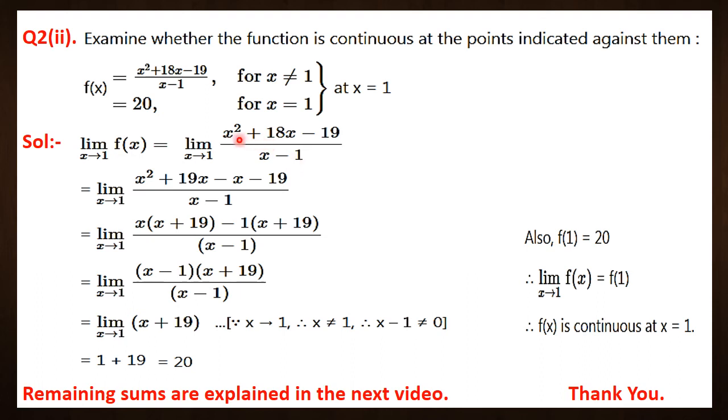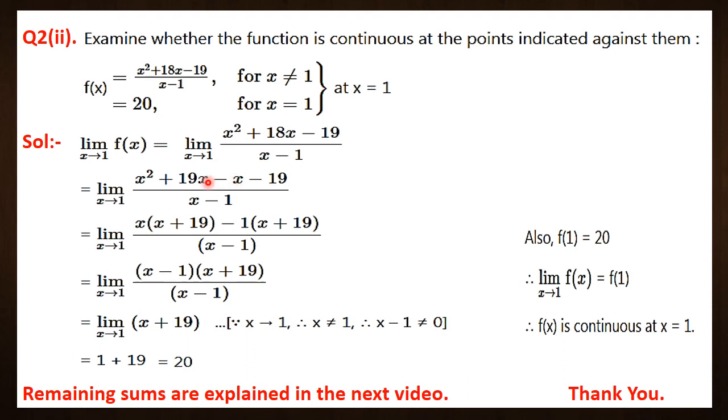The numerator is a quadratic polynomial, so we can factorize it by splitting the middle term. While splitting the middle term, we should get coefficients whose product is minus 19 and whose sum is plus 18. So the factors will be plus 19 and minus 1.